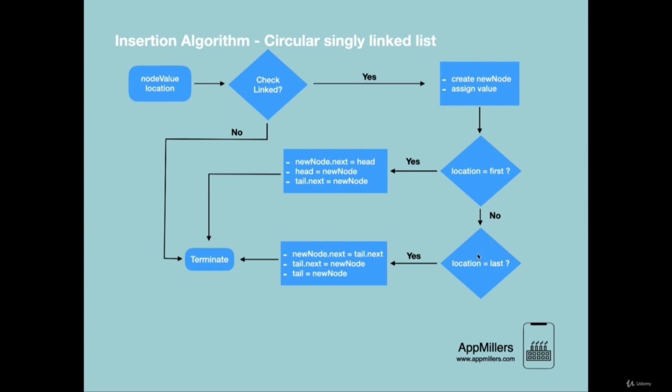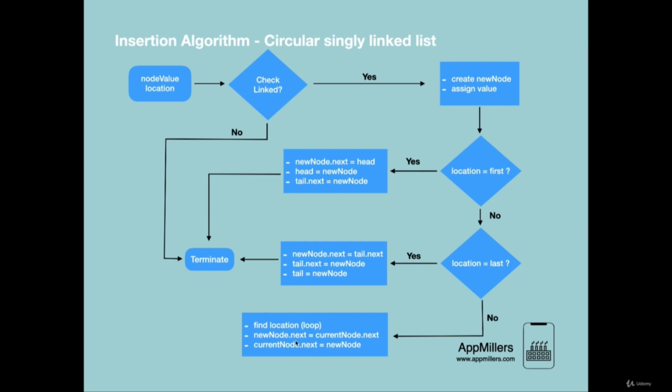Then we continue to the next condition, in which we check the location. If the location is not the first and it is not the last, then it means that we have to insert an element in the middle of the circular single linked list. In this case, we loop through the circular linked list and find the location where we want to insert a new element, then set the new node's next reference to the current node's next reference, because in this case the current node's next reference is the next node.